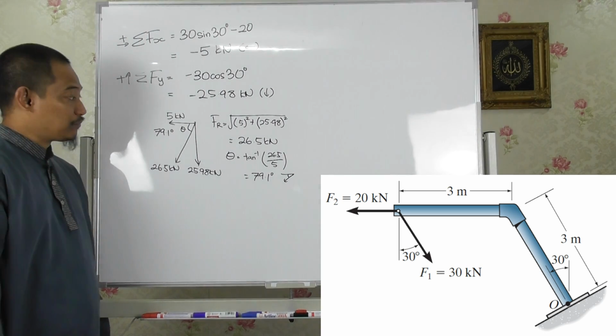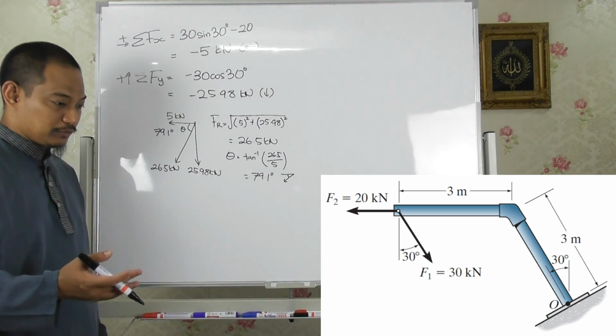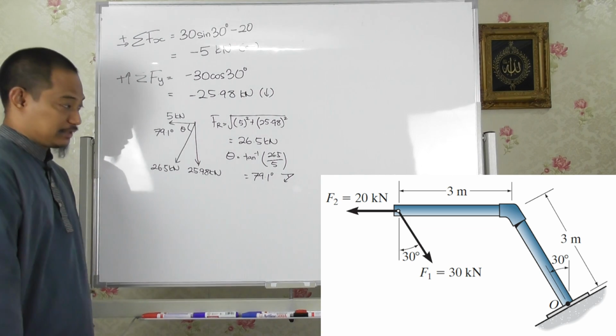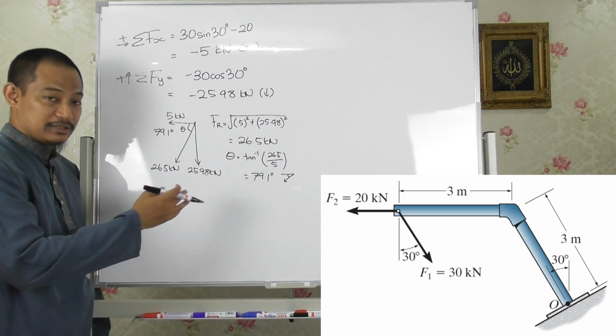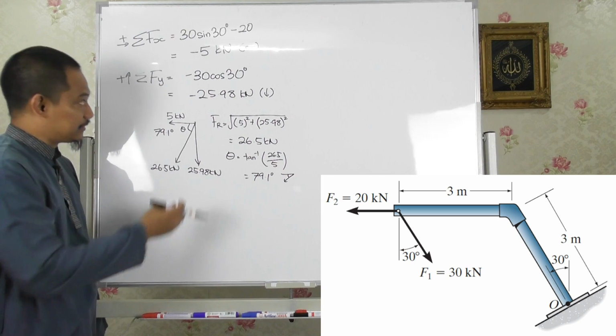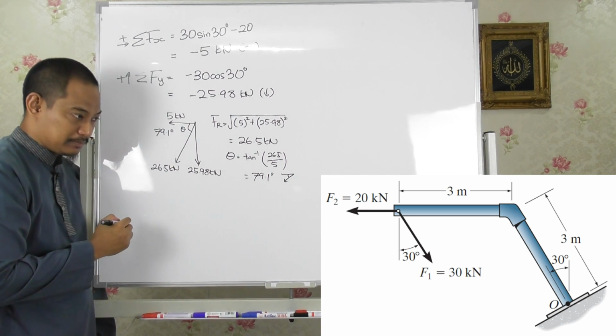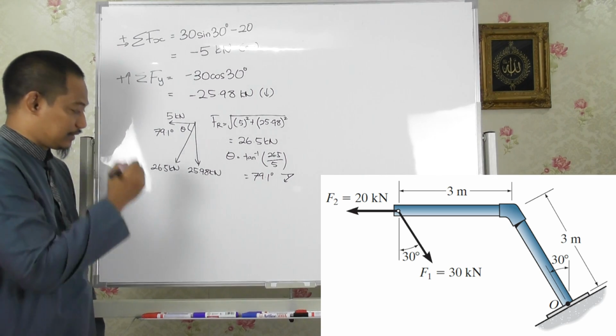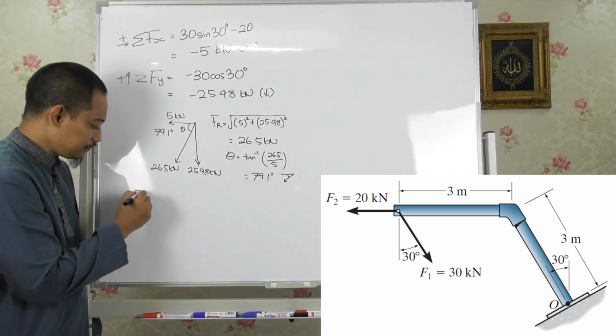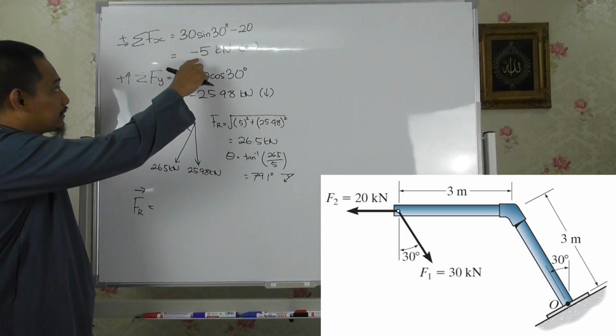scalar analysis. Of course, the question asks also for Cartesian vector notation. Right, if you are using scalar analysis until this point actually, from here you know already what is the Cartesian vector form of the resultant, right? Fr. So you already know X component, Y component.